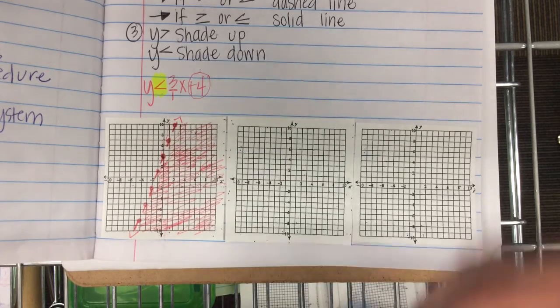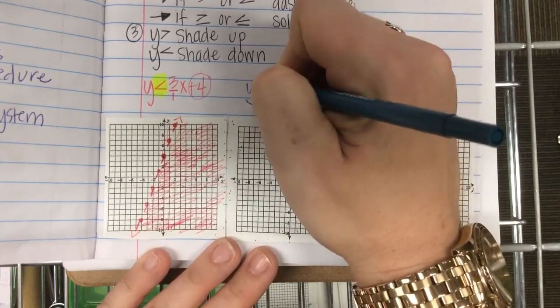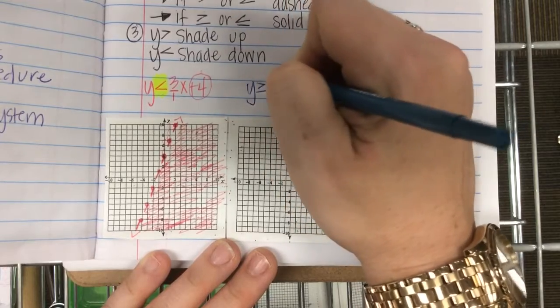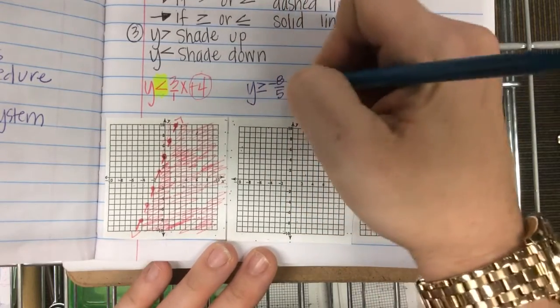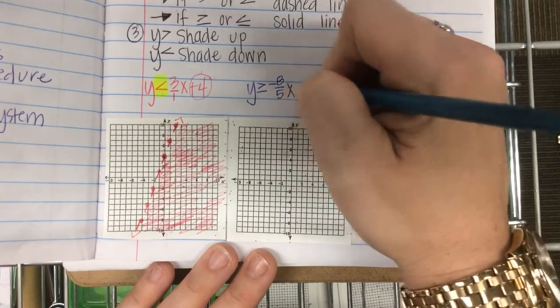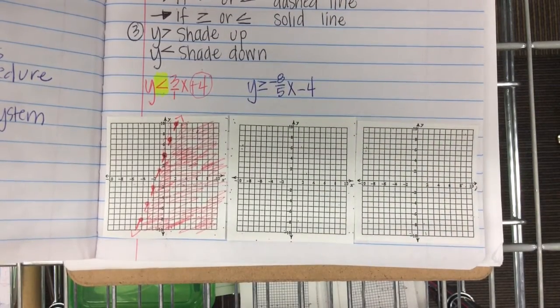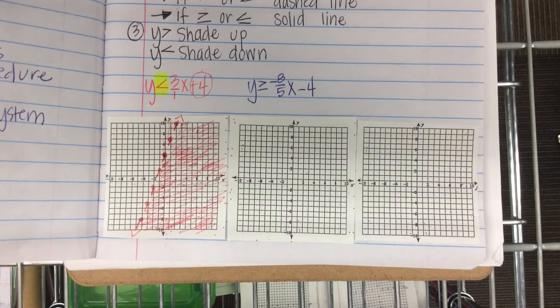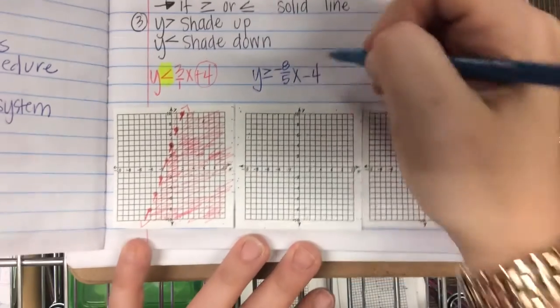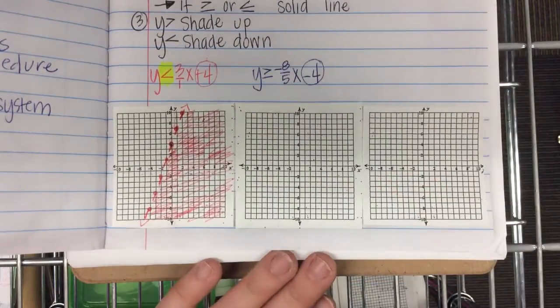Let's try another one. Y is greater than or equal to negative 8/5 x minus 4. So I'm going to start at negative 4.